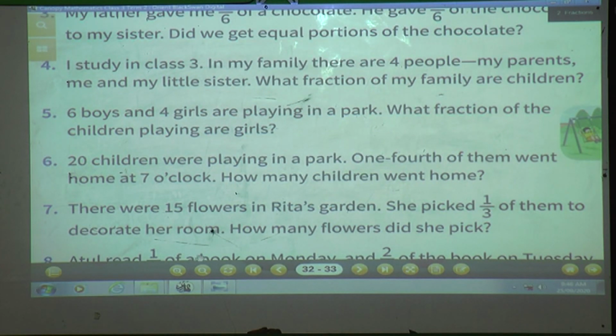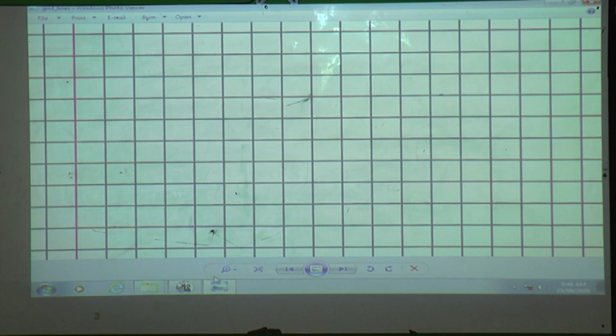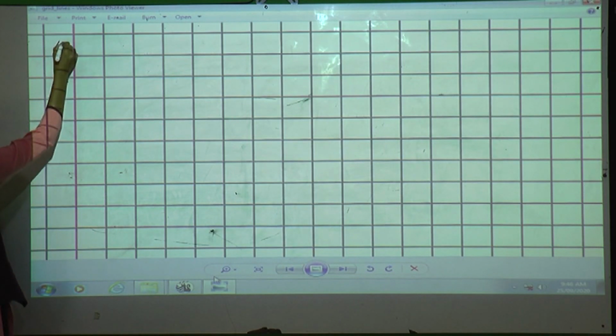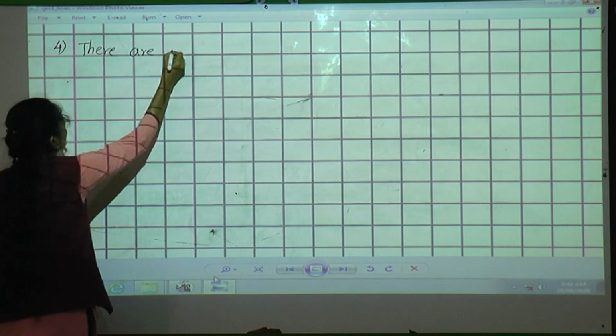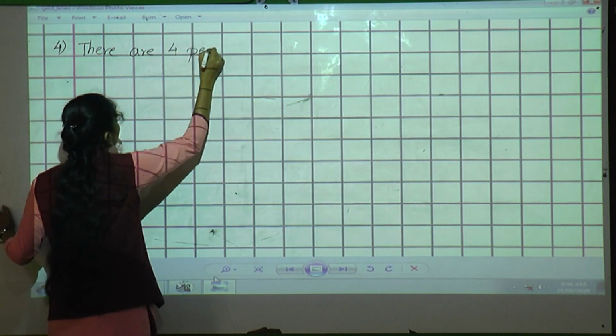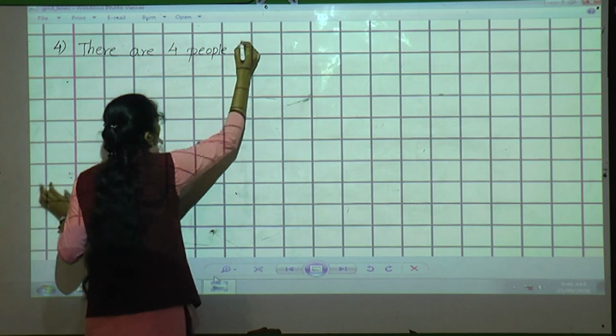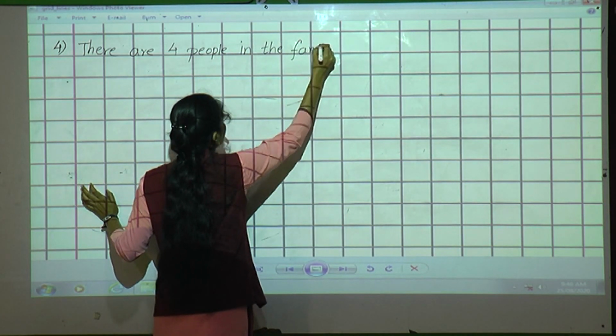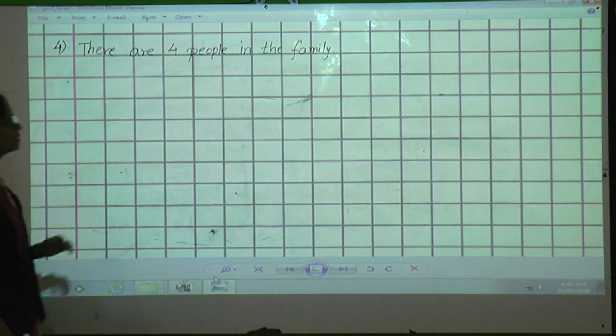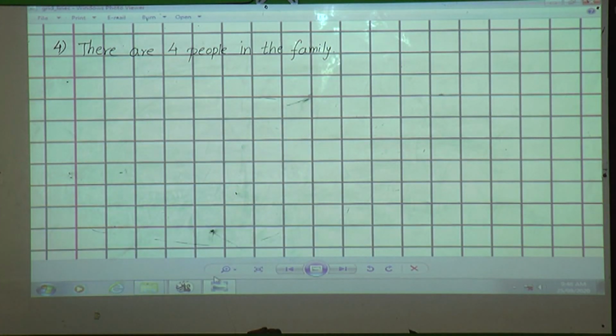How will you solve this example? See here, first of all we will write there are 4 people in the family. Now who are those 4 people?